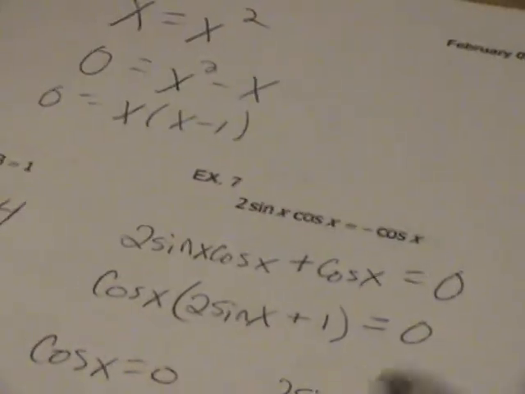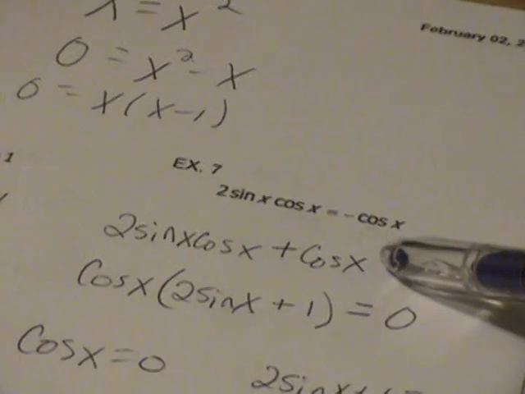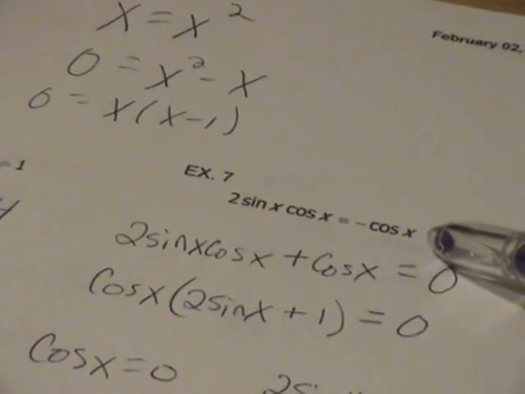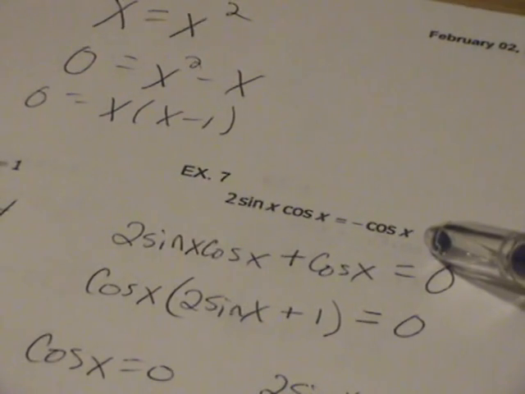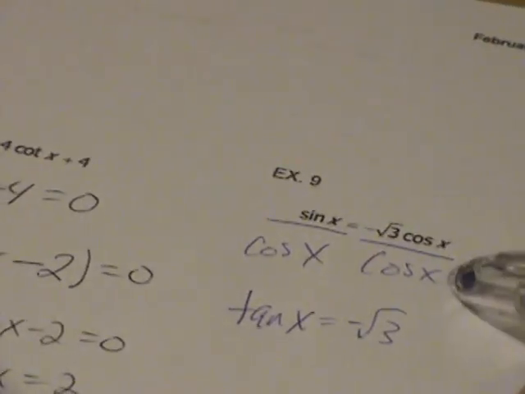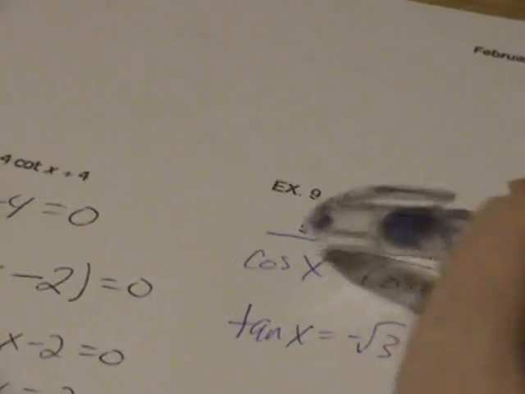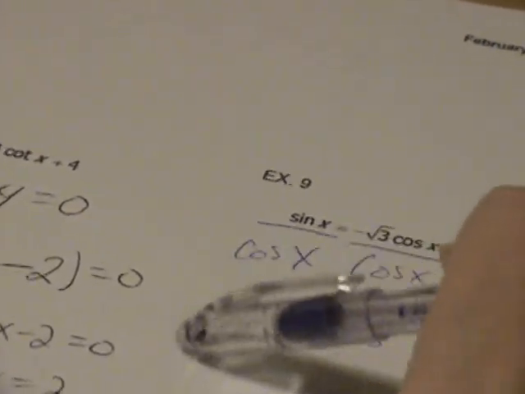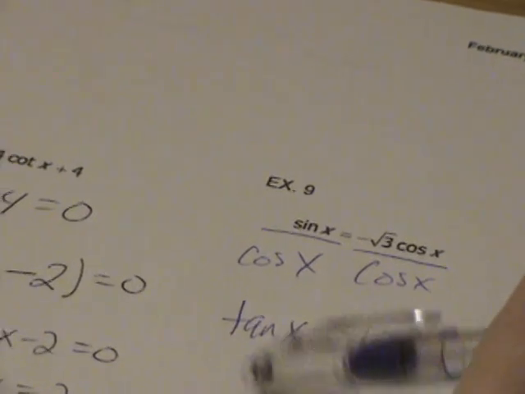Now, here's example 7. When we did this, I said, do not divide both sides by cosine because you would lose a root. If I divide both sides by cosine, it cancels on the right and it cancels on the left. When I divided by cosine here, it canceled on the right. But it did not cancel on the left, it transformed on the left. That is legal.